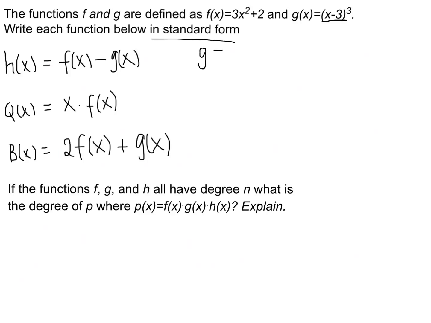So g of x is going to be 3 choose 0, which is 1, x to the third, plus 3 choose 1, which is 3, x squared, times negative 3 to the first, plus 3 choose 2, which is 3, x times negative 3 squared, and finally plus 3 choose 3, which is 1, negative 3 cubed.